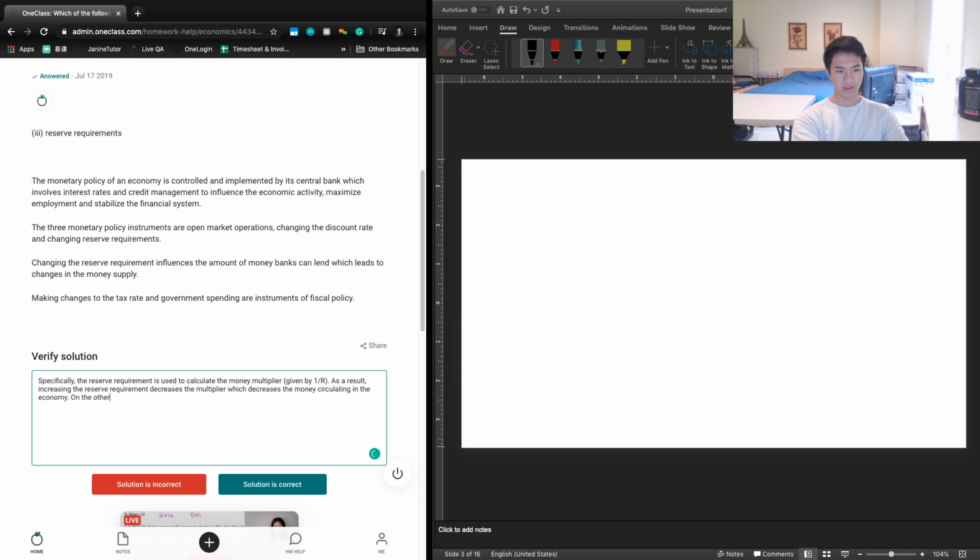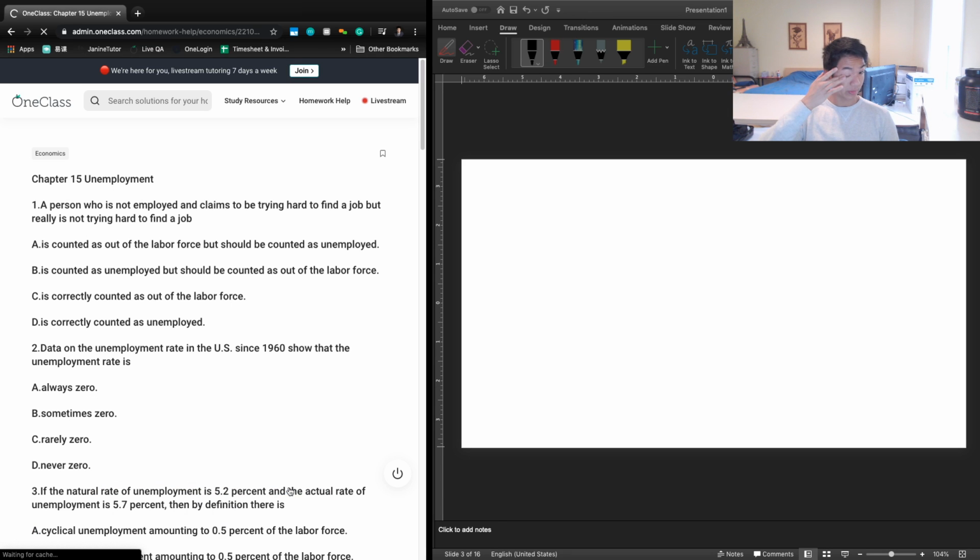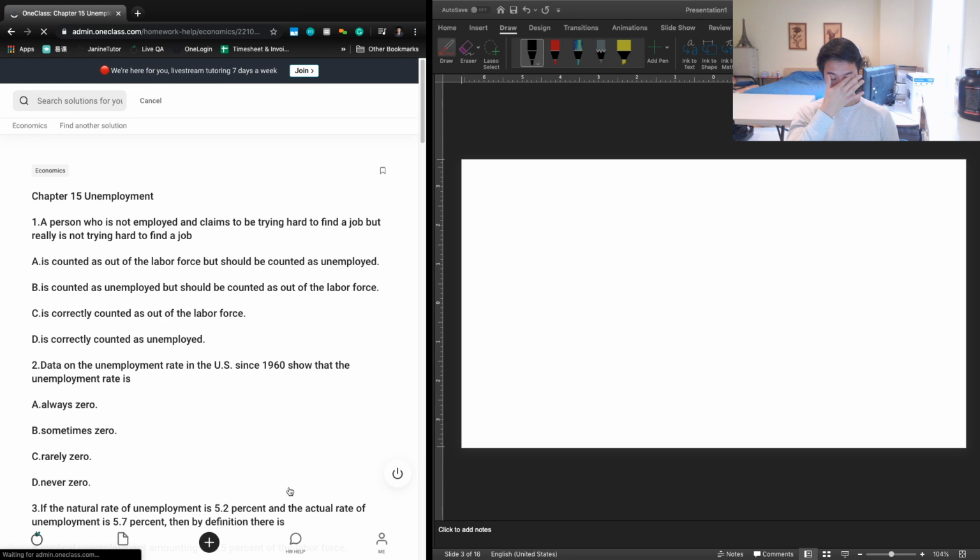On the other hand, decreasing the reserve requirement increases the money multiplier, which increases the money circulating in the economy. Yep, so that last link is going to be just an extra bit of detail, and otherwise we should be fine. Okay, so let's take a look at this.